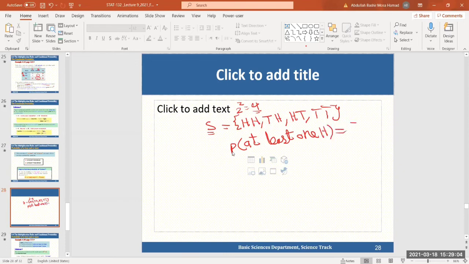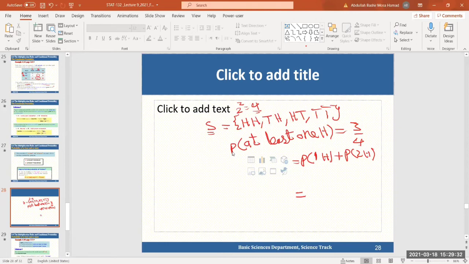It is 3/4, yes, but what does it mean? It means P of 1H plus P of 2H, right? At least one means one or more, right?